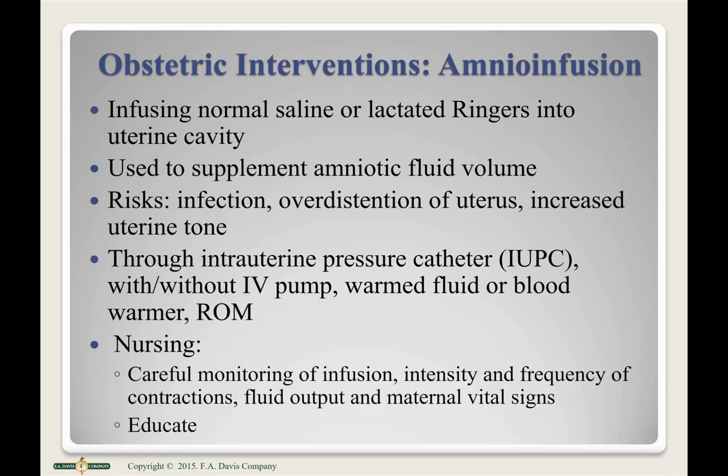I like to use an IV pump, and then I can hook it up to my fluid warmer and give warm fluid. We give her a little bolus, like a 200 or 300 cc bolus, and then just a slow drip, like 100 cc's an hour, for a while until we alleviate the variable decels, and then maybe we can discontinue it for a while.